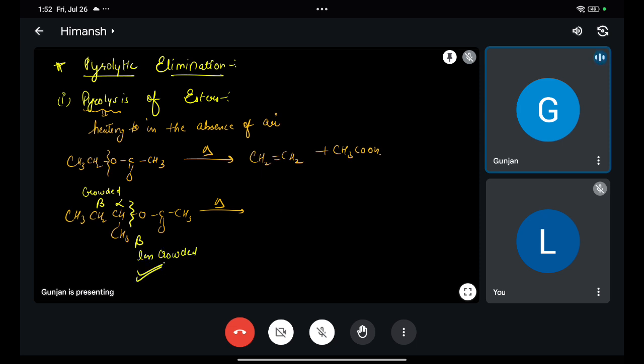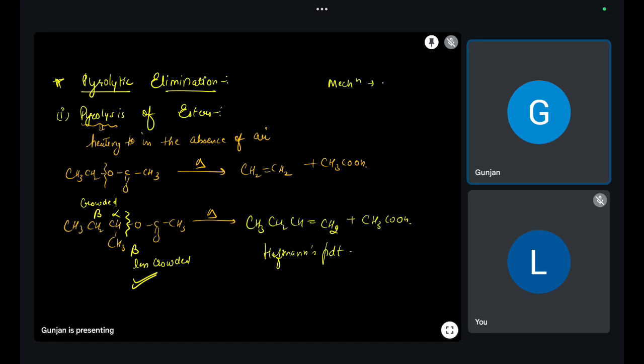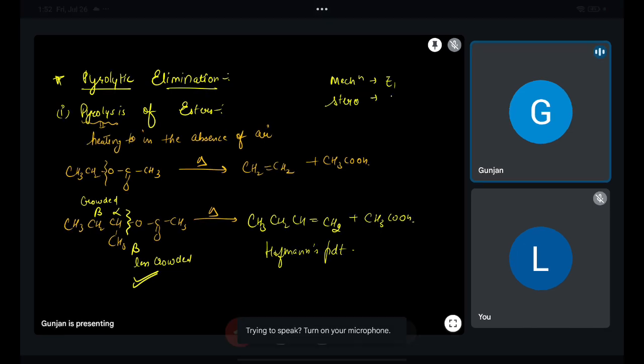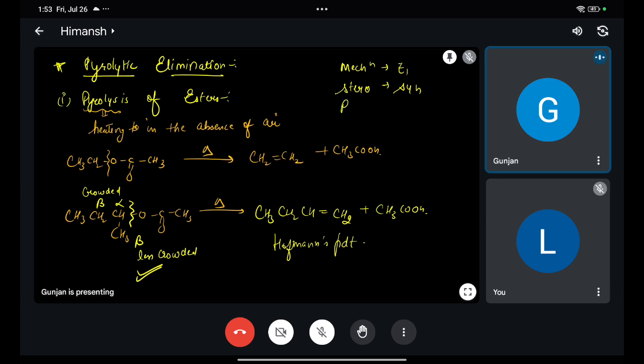So that is why we will eliminate this out and we are getting this alkene. Hofmann product. Got it? Himansh? Yes, ma'am. The mechanism is Ei. Stereo is syn elimination. Regioselectivity means Hofmann or Saytzeff, so it is the Hofmann product.